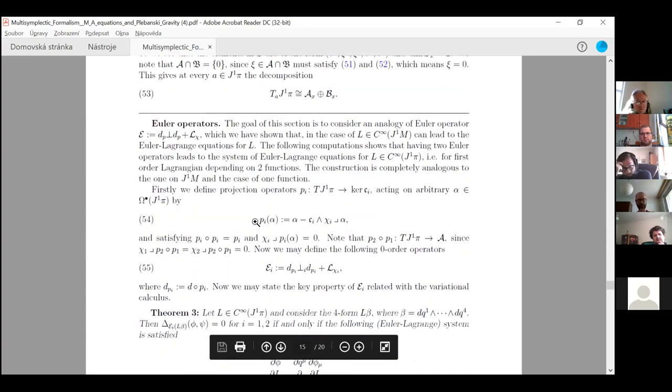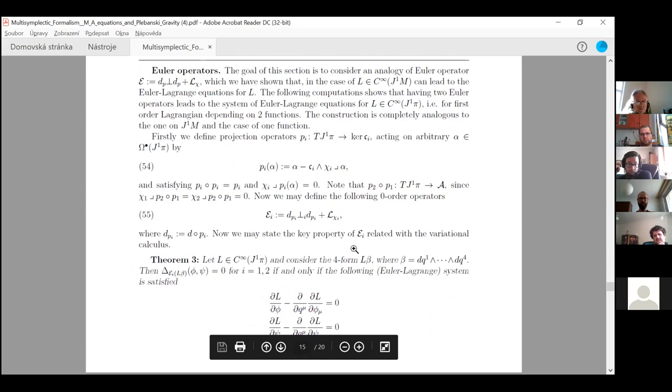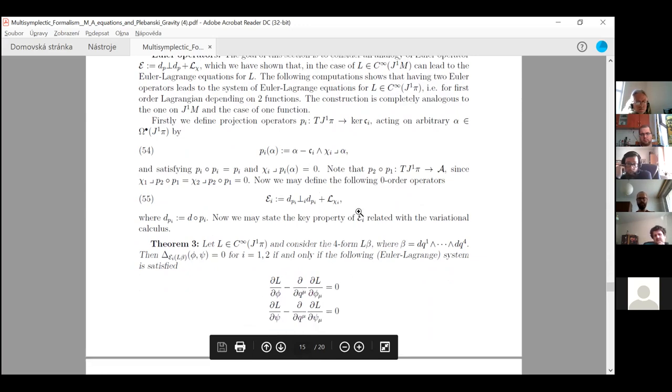I have two projection operators, and I can consider two Euler operators. If we compute in local coordinates how this looks, they give this system for phi and for psi. But you see, the higher order terms are missing.